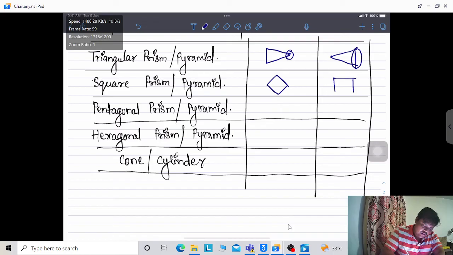There are only two possibilities of drawing a square pyramid, that is on the point or else on the base edge.